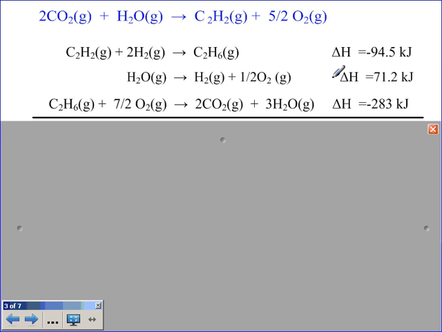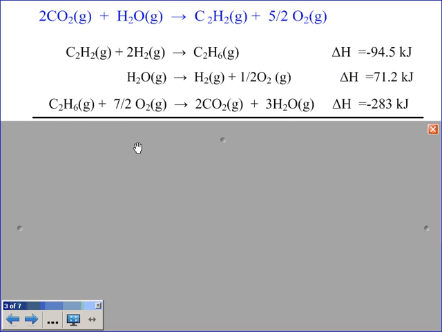And that is an endothermic reaction, absorbing 71 kilojoules. And finally, this reaction, C2H6 plus 7/2 oxygen, making carbon dioxide and water. That's a combustion reaction. Not surprisingly, combustion is exothermic, negative 283 kilojoules.